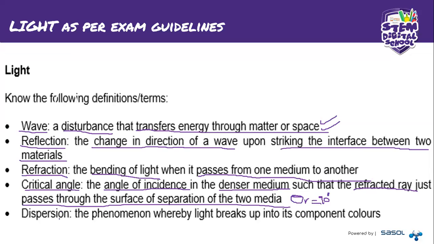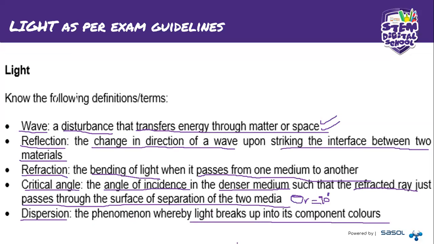Then we must know again how to define the term dispersion. We say dispersion is the phenomenon whereby light breaks up into its component colors. So it's a phenomenon, and the light breaks up into its component colors.